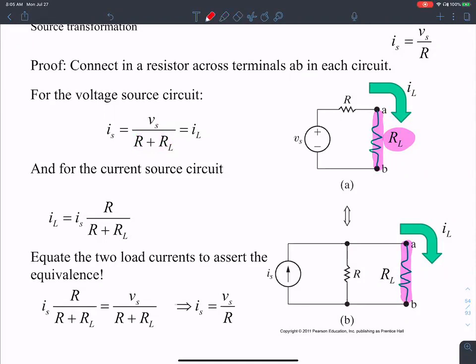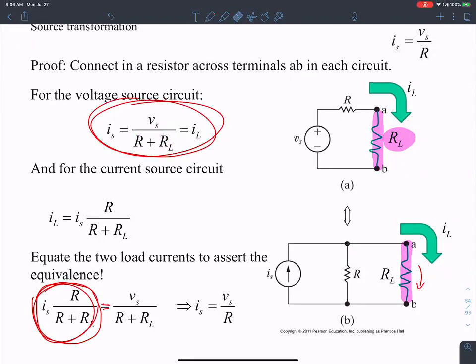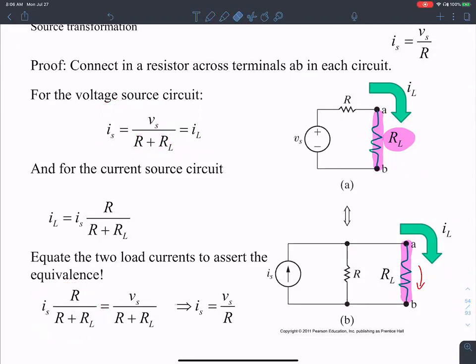And what is the current flowing through the load resistance in the bottom circuit? That's using current division: Is times Rs over Rs plus RL. Equate this current and this current because they're equivalent. Then you have necessarily the condition that I mentioned. So in order to get a current source transformed from a voltage source, simply divide it by the resistance.